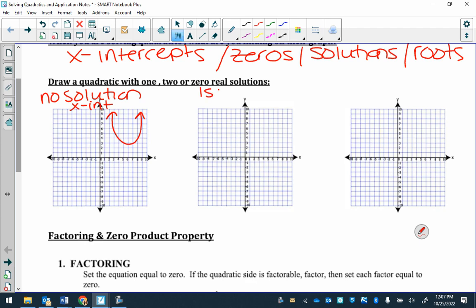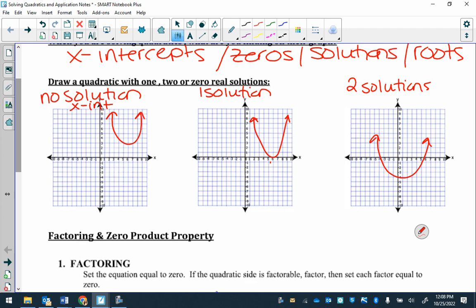One solution or one x-intercept can be one x-intercept that you see on the graph. Here it would just be 6, okay, where it bounces off the x-axis. Okay. And a lot of times we have seen two solutions where it crosses the x-axis twice.